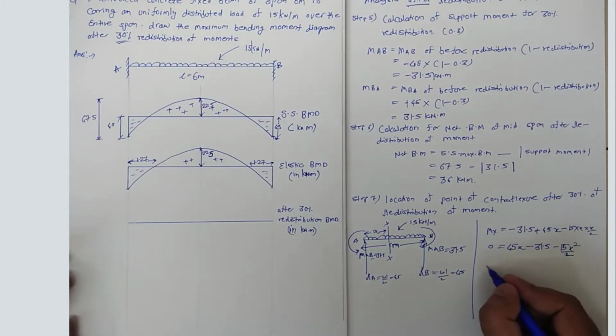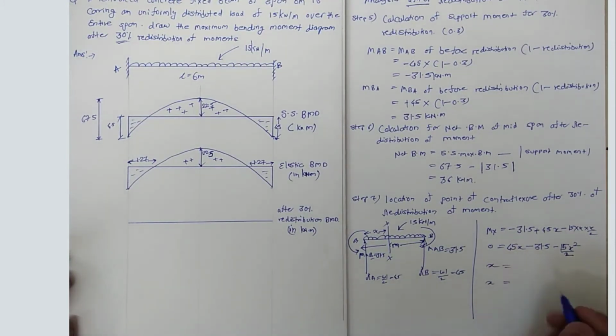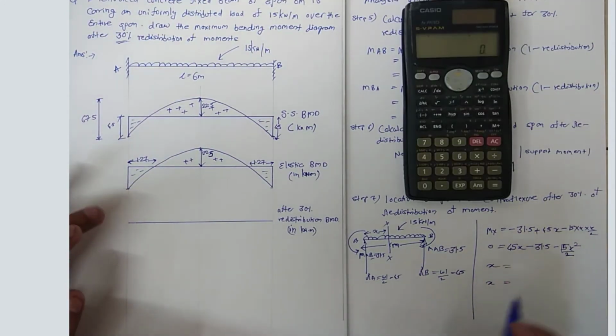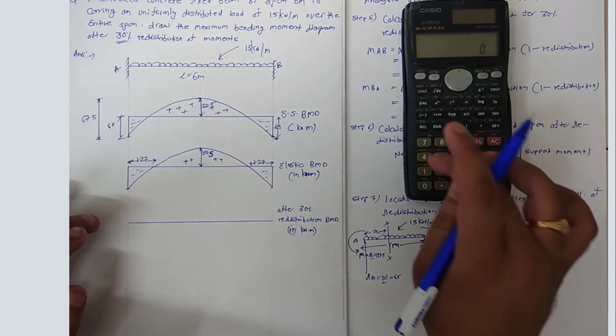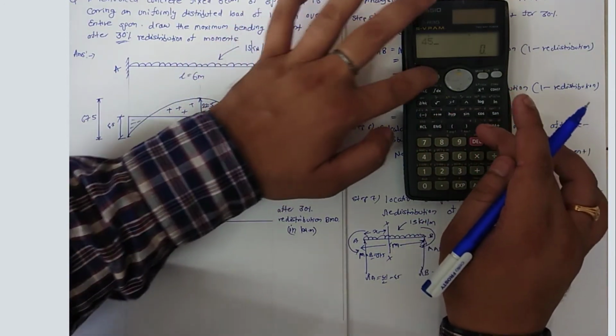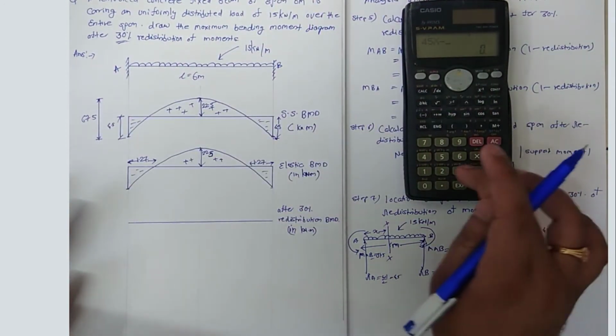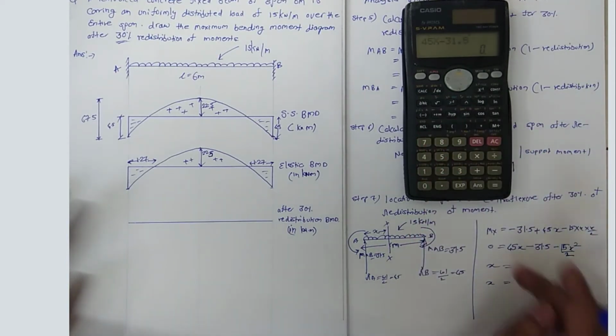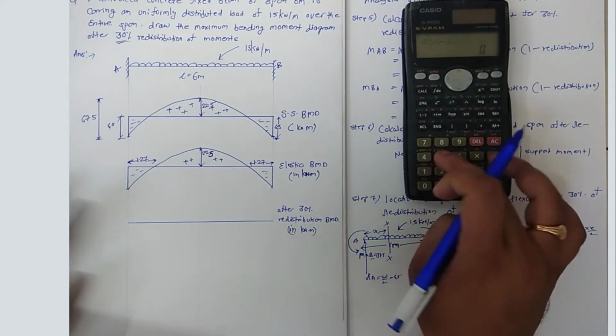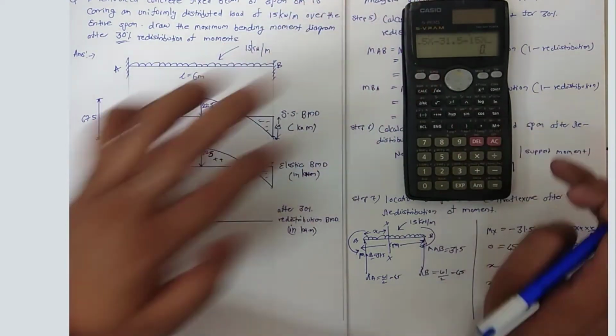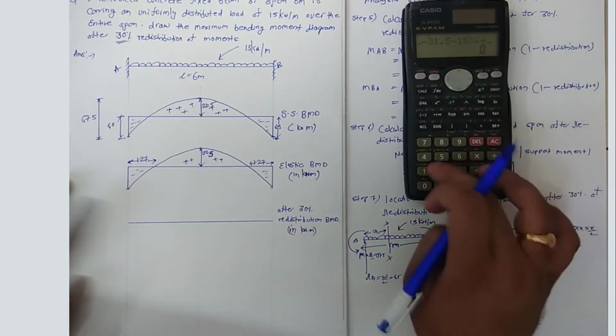Okay, so now there will be two values of x. We can solve in the calculator also. If you put the value in the calculator, I can generate the equation, that is 45 into x minus 31.5 minus 15x square by 2.